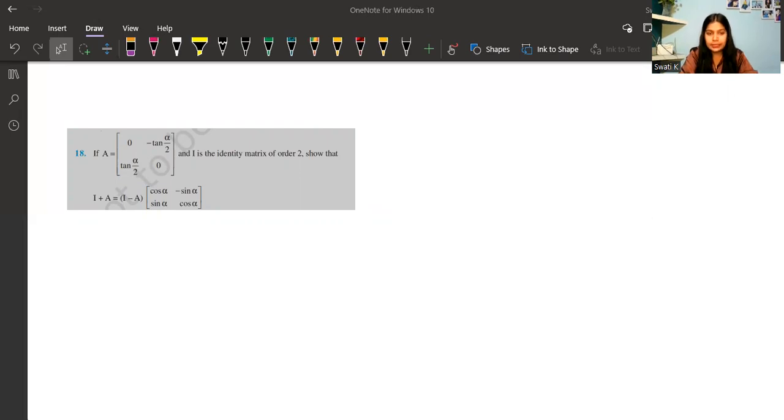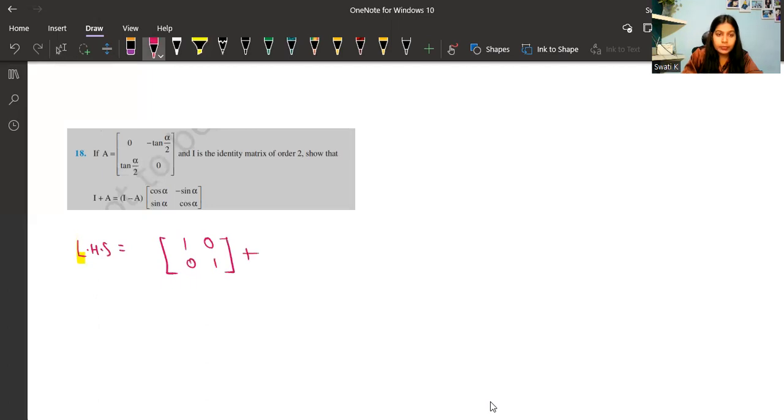So now let's start. You can see that we have the matrix A given and I is the identity matrix. We need to show this particular thing. For that, we will simply take the LHS and RHS. On the left hand side, what do we have? We have I plus A. What is the meaning of I? It's 1, 0, 0, 1.